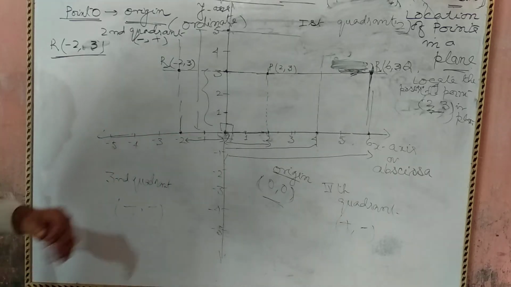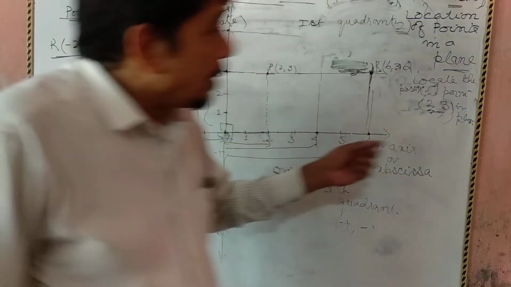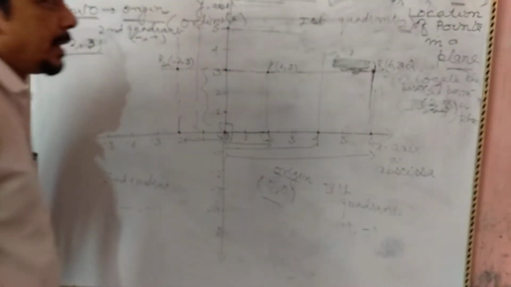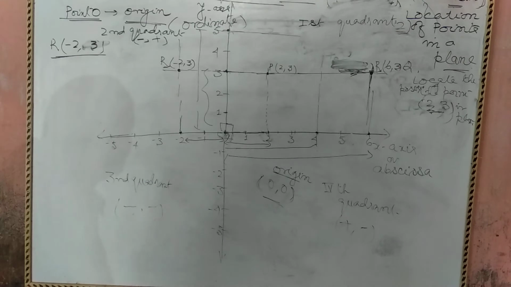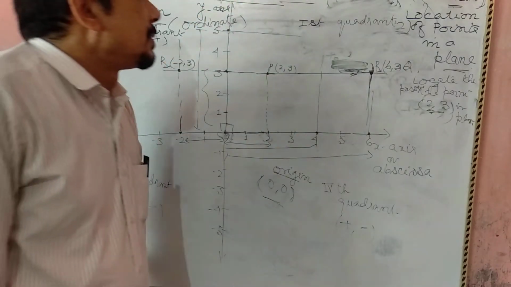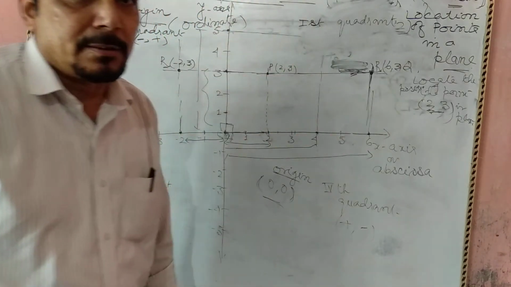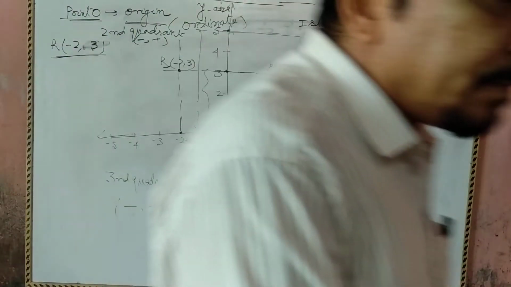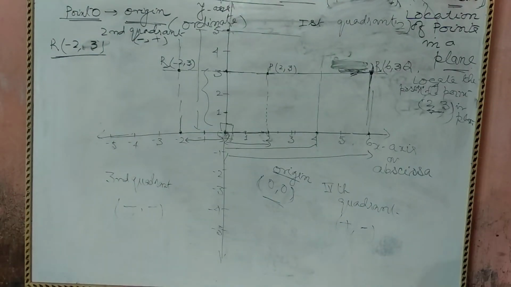The knowledge of coordinate geometry. Okay. Now it consists of algebra and geometry because there are two terms, coordinate and geometry. Coordinate means value, numbers. What is the value of the given point?